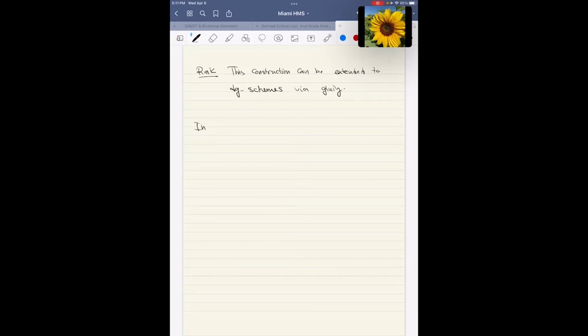So in order to define Lagrangian distributions, we need to define homotopically closed and symplectic differential forms.